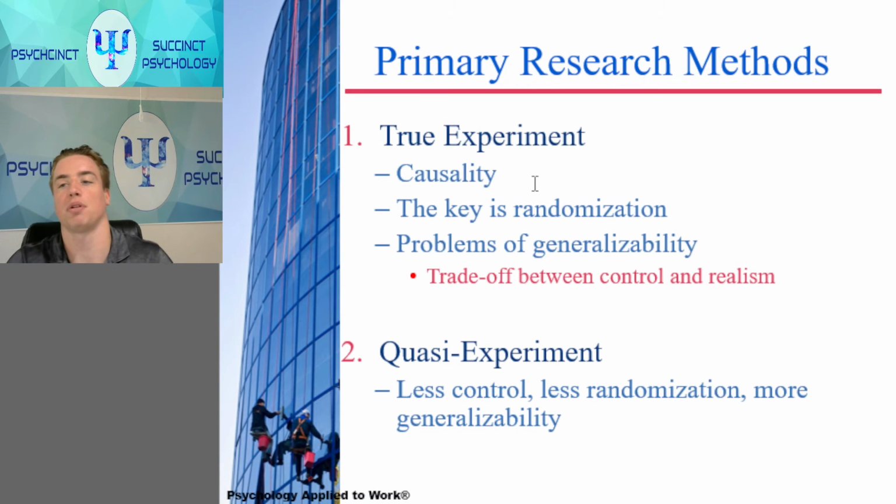An example of a true experiment, and this is from the textbook actually, which I thought was a good example: in Brooks et al. 2016, they wanted to examine the effects of rituals. Some people, when they get stressed out, will have a little ritual that they perform in order to alleviate stress.